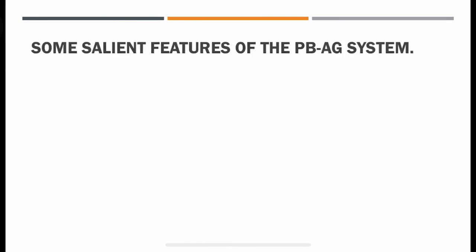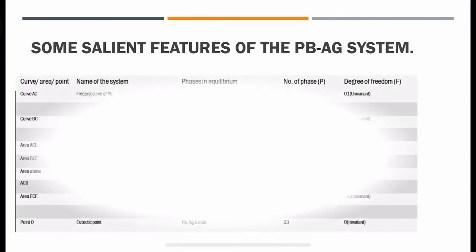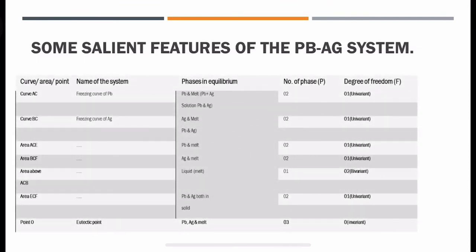So some salient features of this system I can tell you. This is a table of diagram, curve, area and point, name of the system, phases in equilibrium, number of phases and degree of freedom. You have to remember only this table, right? So first, curve AC.